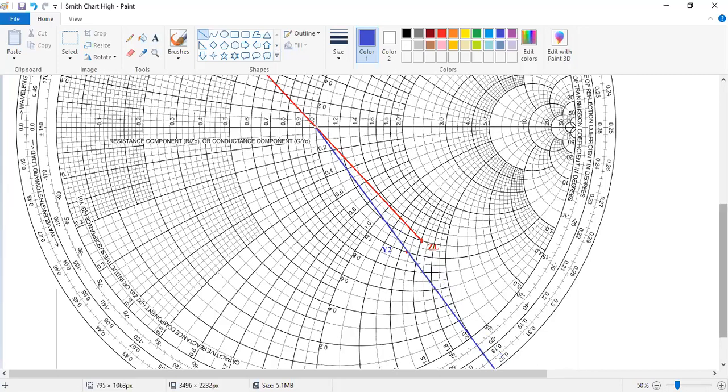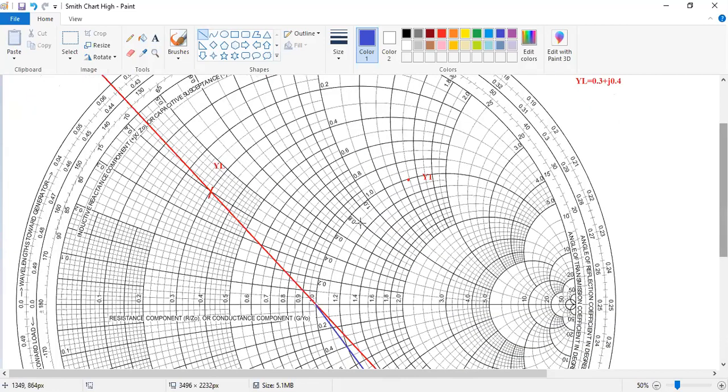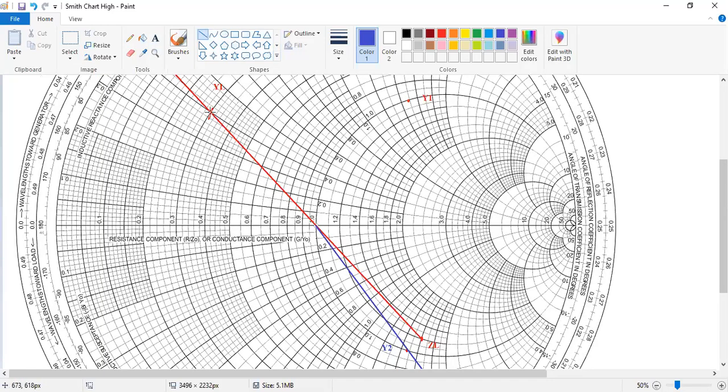This is your y2, and this is your y1. And what will be your circle? Your circle will be this way, passing through this y1. So this will be your circle.